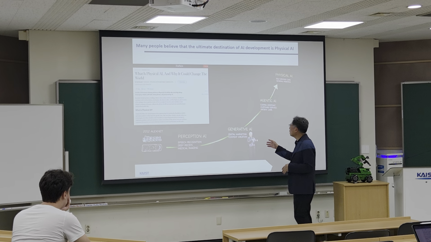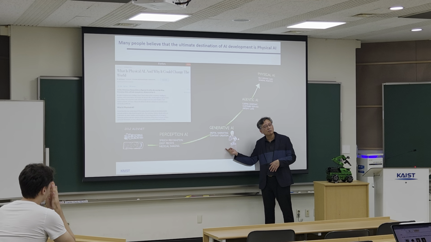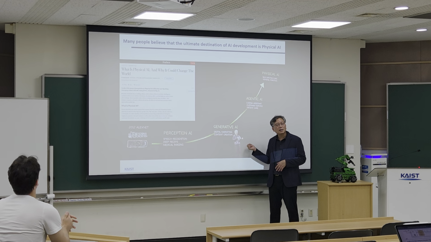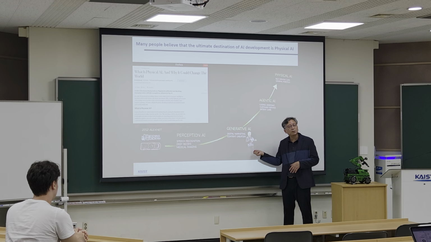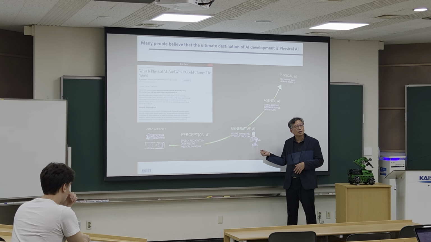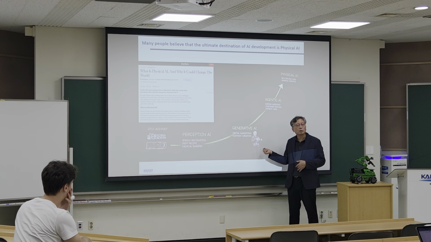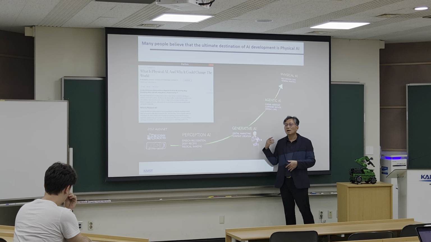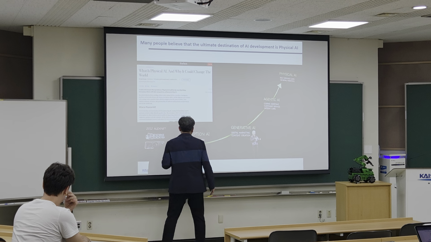This is Jensen Huang. I hope maybe some of you are familiar with him. He has a company called NVIDIA that makes GPUs, and GPUs are used for training the large language models or artificial intelligence. And this is his view. Okay.